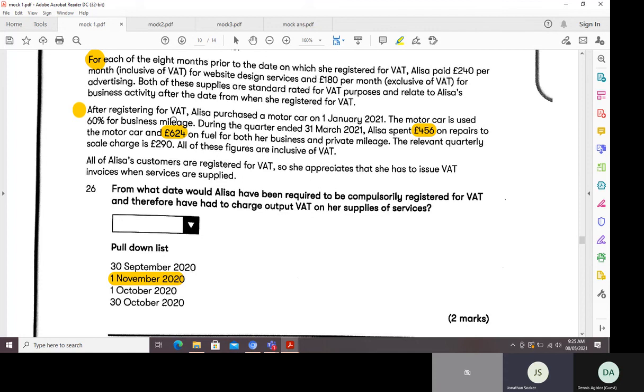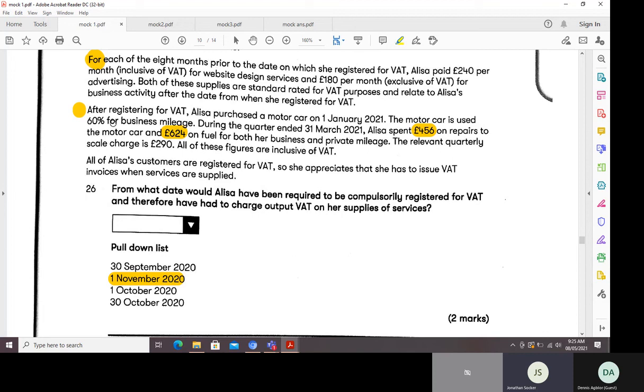It has no effect on the input VAT you can claim on the expenses. The only effect is that we have to calculate output VAT, for which we use the scale charge because of the private use. But like I said, we are not calculating the output VAT because the question is only asking for the input VAT. So we only use the figures that will go for the input VAT.